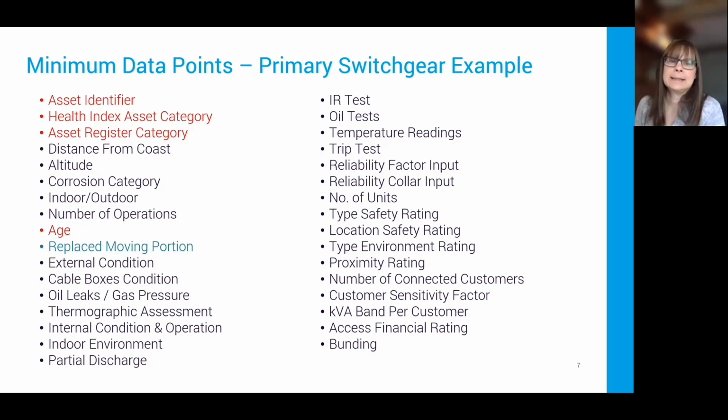And so the minimum data requirements is the items highlighted. So it's knowing what the asset is, being able to uniquely identify that asset. We normally suggest a sort of abstract number for a particular asset rather than a combined key.